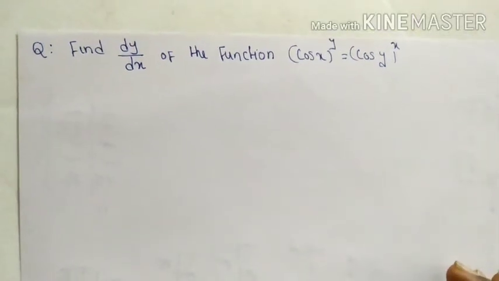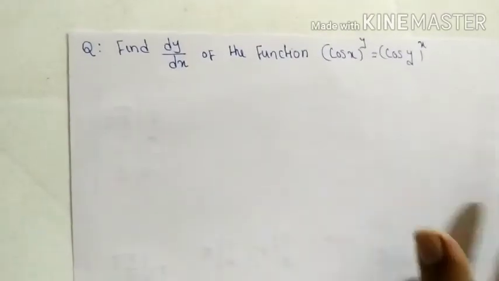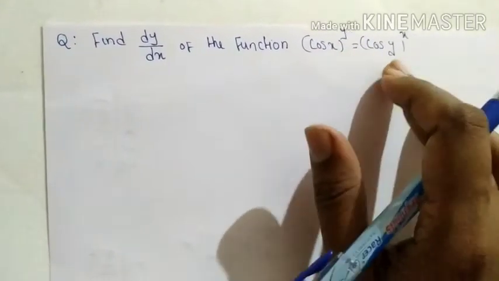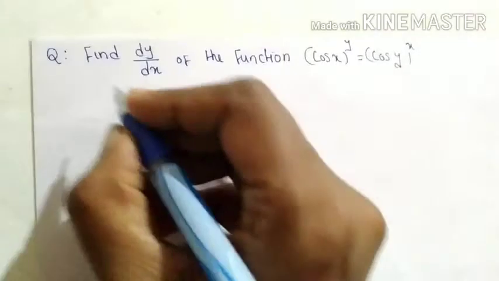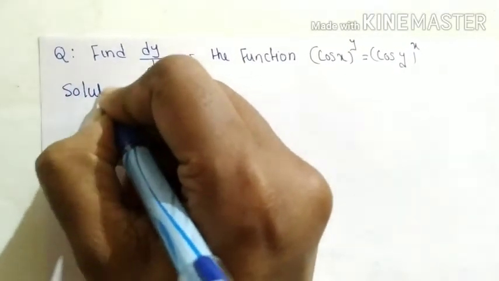This is our next question. Find dy by dx of the function (cos x) whole raised to y equal to (cos y) whole raised to x. So let's start the solution of this question.